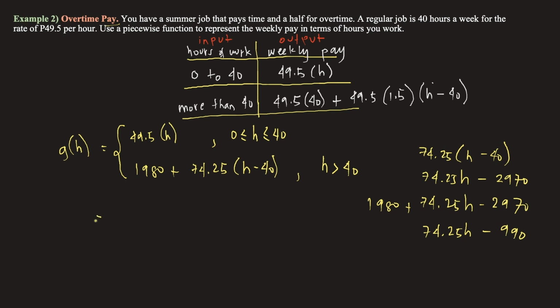So the final form for our function will look like this: 49.5 times h.